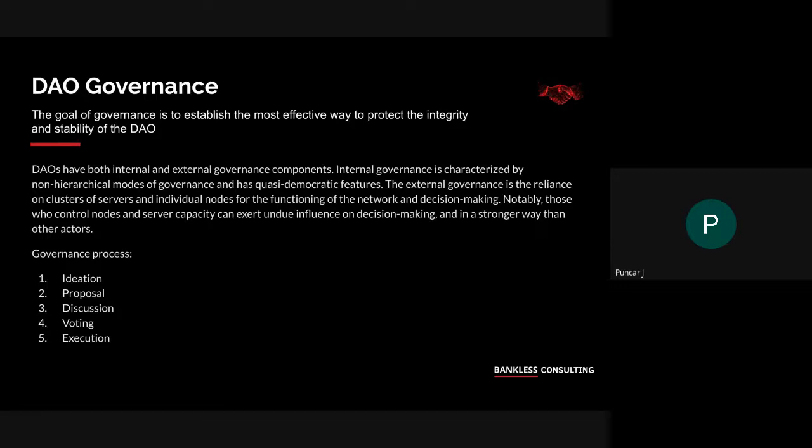The reason can be that they don't have enough tokens in the community, therefore they cannot really influence any decision, or, with some other voting mechanism, the majority votes for something and they are overruled. That's what we are trying to solve with governance.